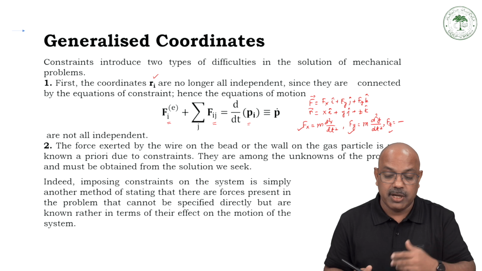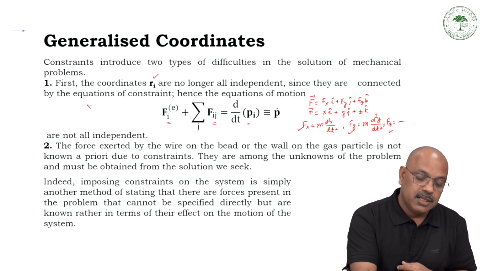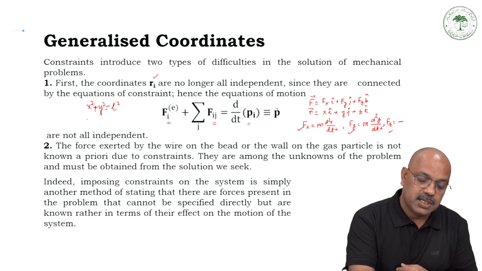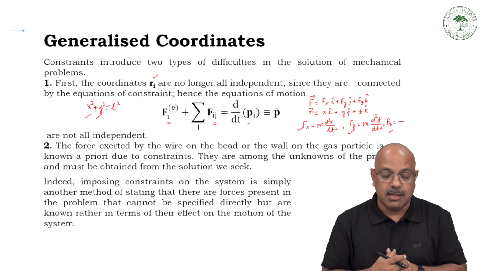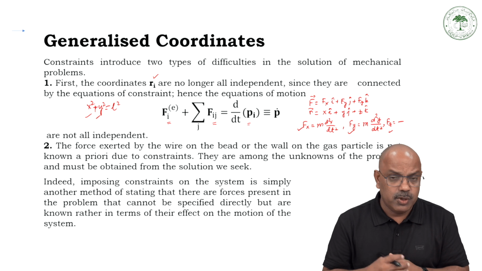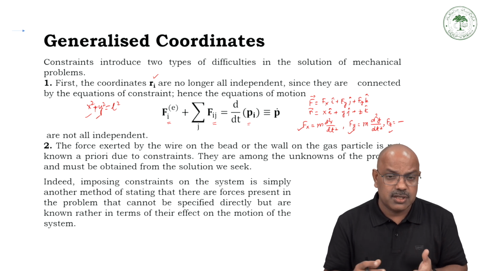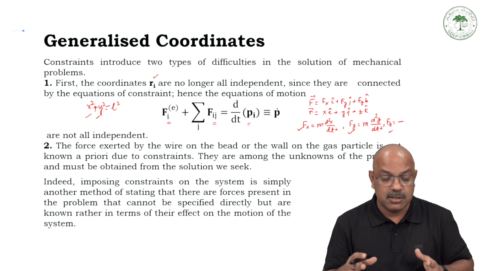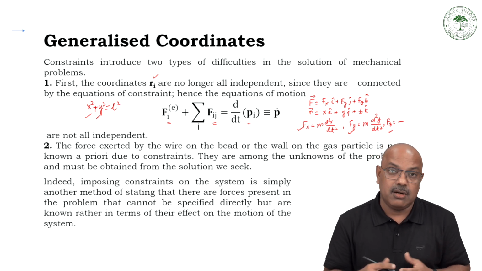For example, in the case of the simple pendulum, x square plus y square is l square. So the x and y components are not independent. When you put a constraint restriction on the system, two difficulties arise. First, these equations are not all independent.